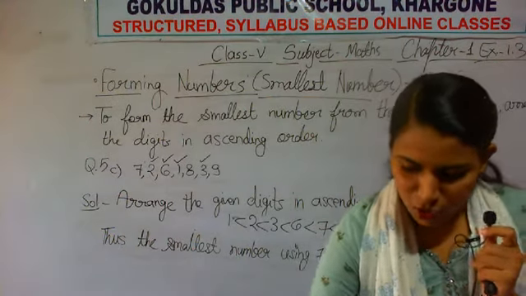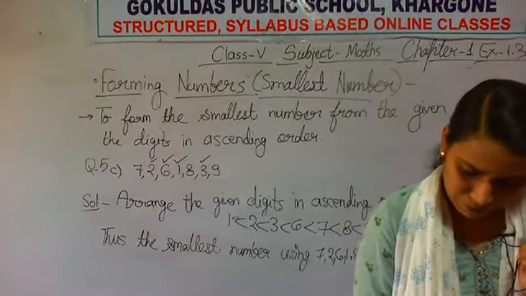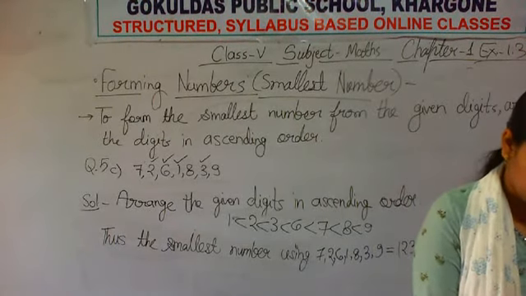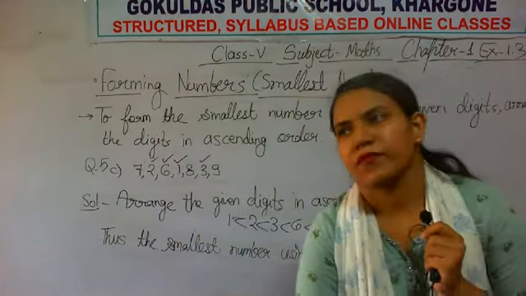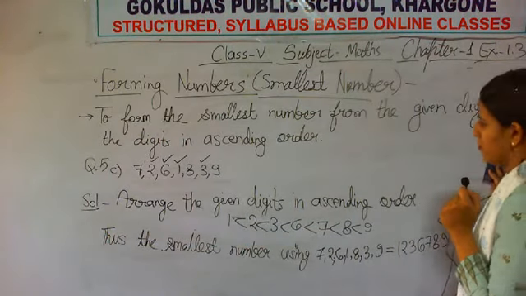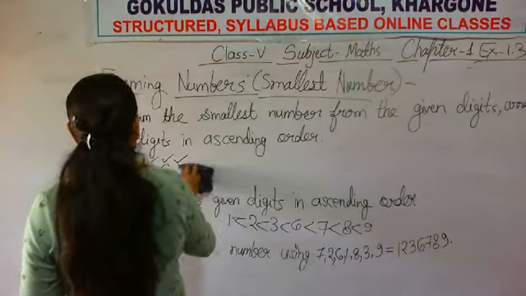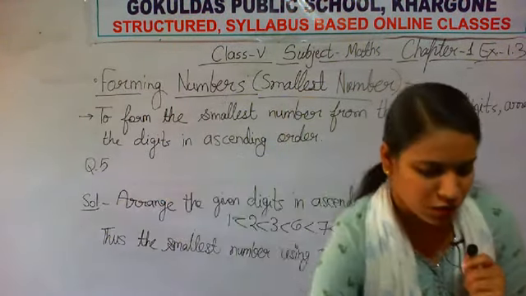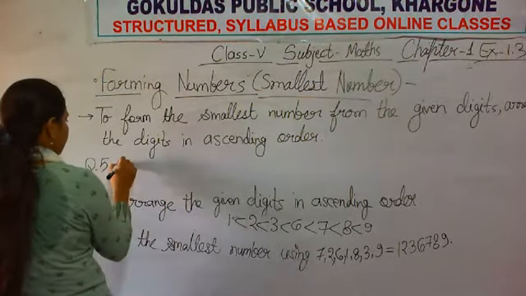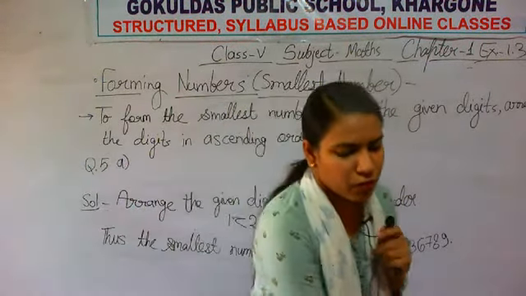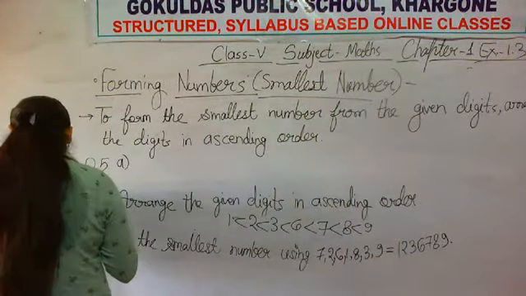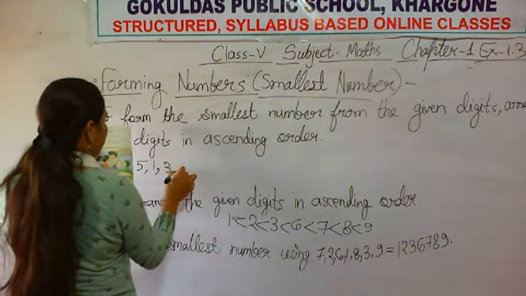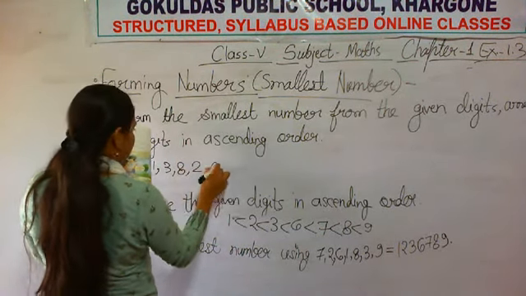Now we will do the last question of this, question number 5. We will do A. So, what digits are given in A? 5, 1, 3, 8, 2, 0, 4.